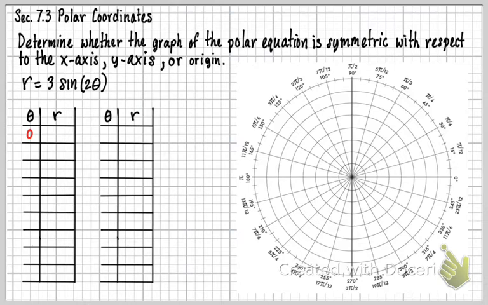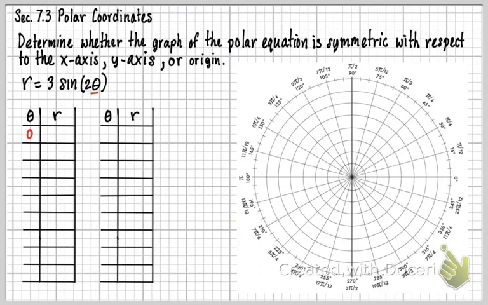I'd like to go every pi fourths. But if you look at where we're at here, this is 2 theta. So I'm going to go every 15 degrees, because if I put 15 degrees in here, when I double it, it's going to be 30. And then when I put 30 degrees in there, it's going to be 60 degrees.